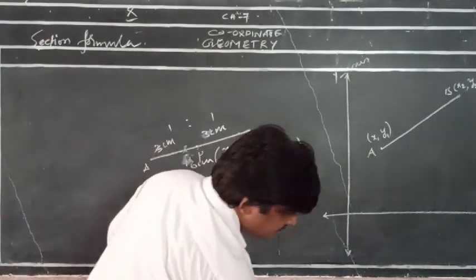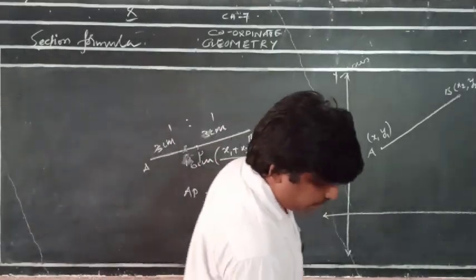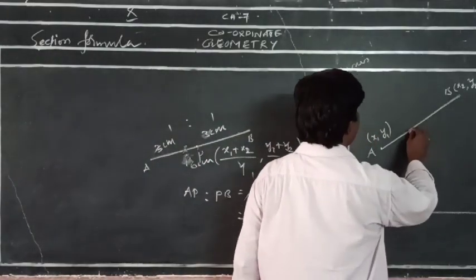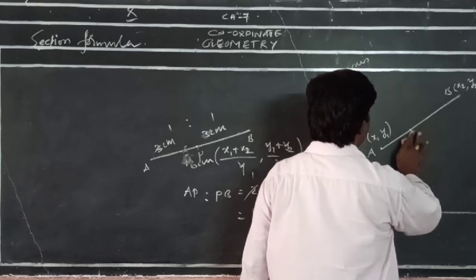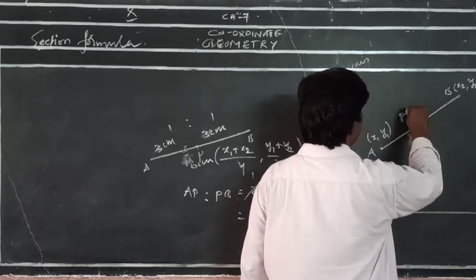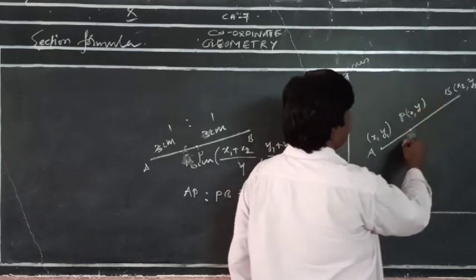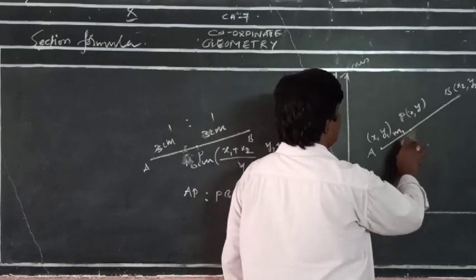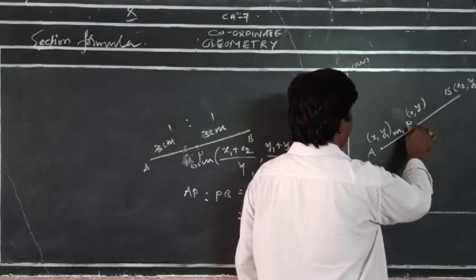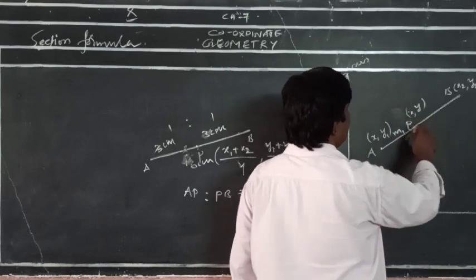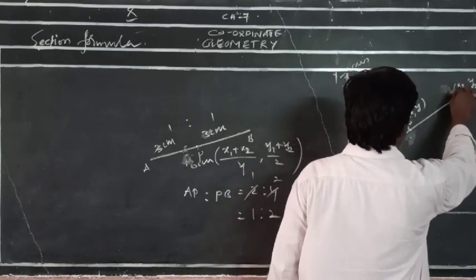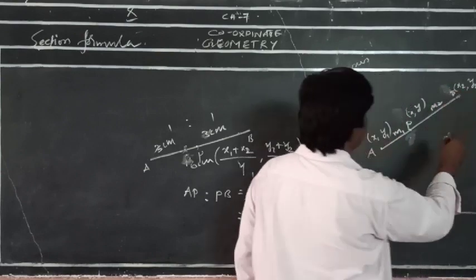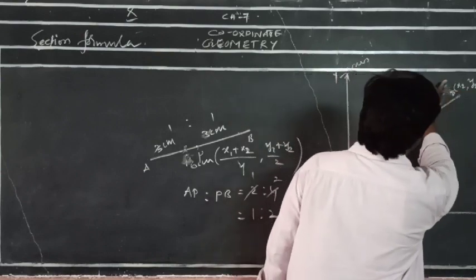Suppose I am taking a point P, let it be x comma y. Point P is dividing AB in the ratio of m1 is to m2, m1 is to m2.